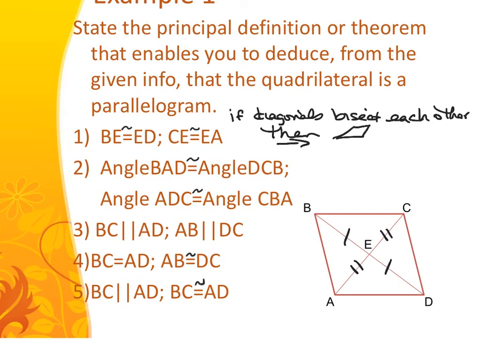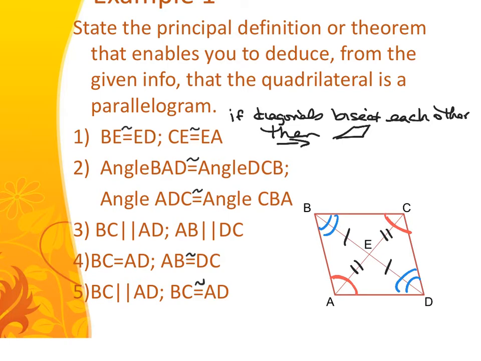Number two, they're talking about angle BAD, which is here, stating that it's congruent to DCB, and also ADC congruent to CBA.